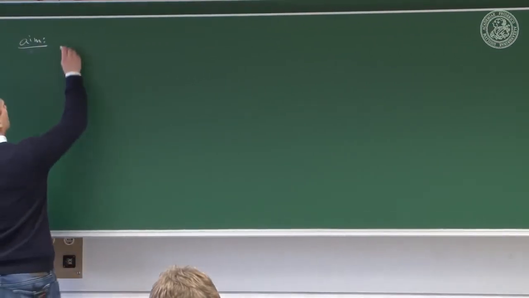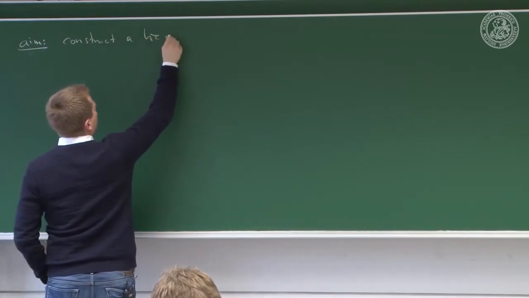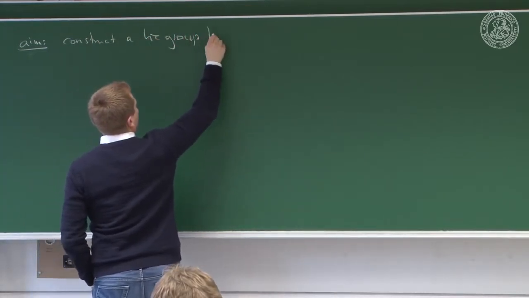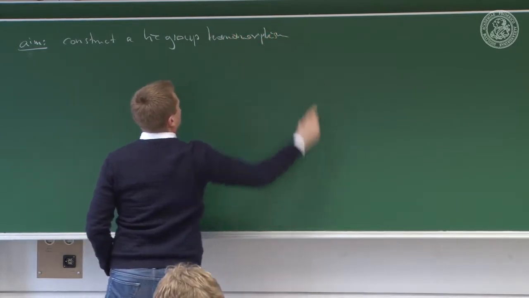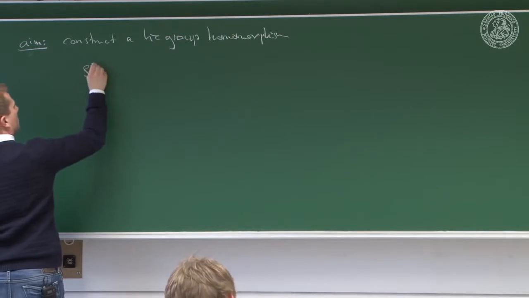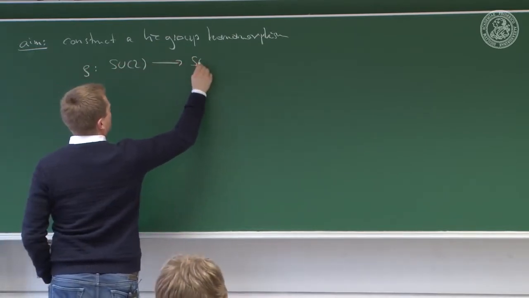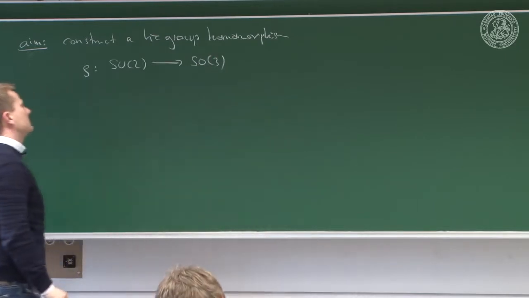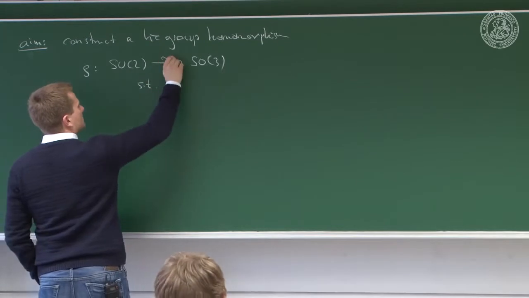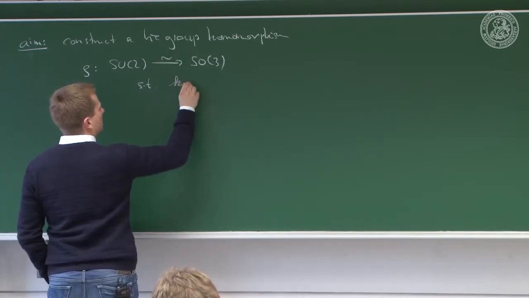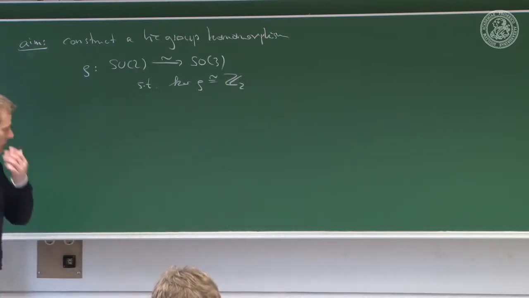So our aim is to now construct a Lie group homomorphism rho that takes you from SU2 to SO3, okay, that's the case we're looking at, such that the kernel of rho is the Z2 group.